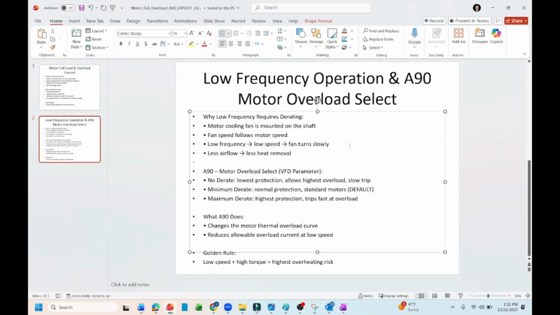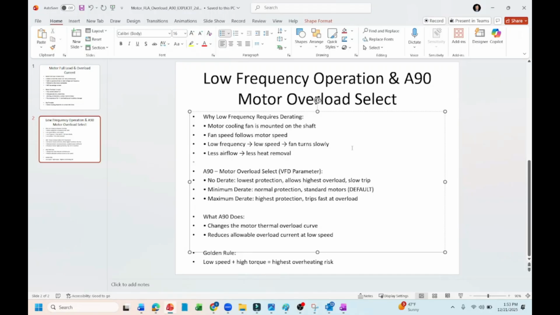If you take a look at this slide that I made, I summarized the more important parts. As I mentioned, the first question is why low frequency requires derating. One factor to consider is that the motor cooling fan is on the shaft, and the fan speed follows the motor speed. So lower frequency means lower speed for the fan, less airflow and less heat removal from your motor.